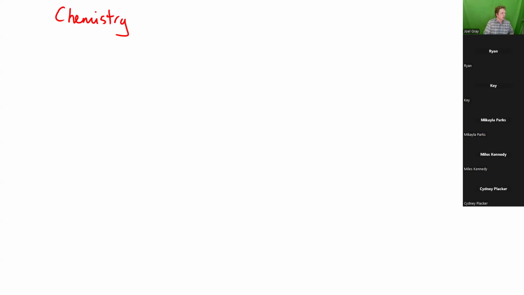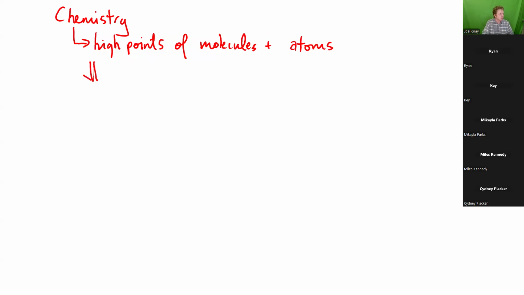What we are doing today is the high points of molecules plus atoms. And then we're going to use this ultimately for a good understanding of organic chemistry.